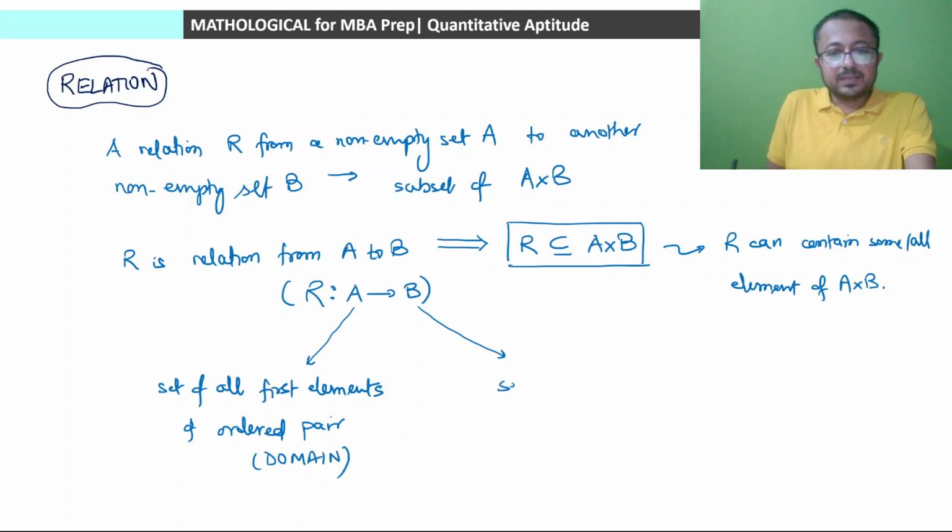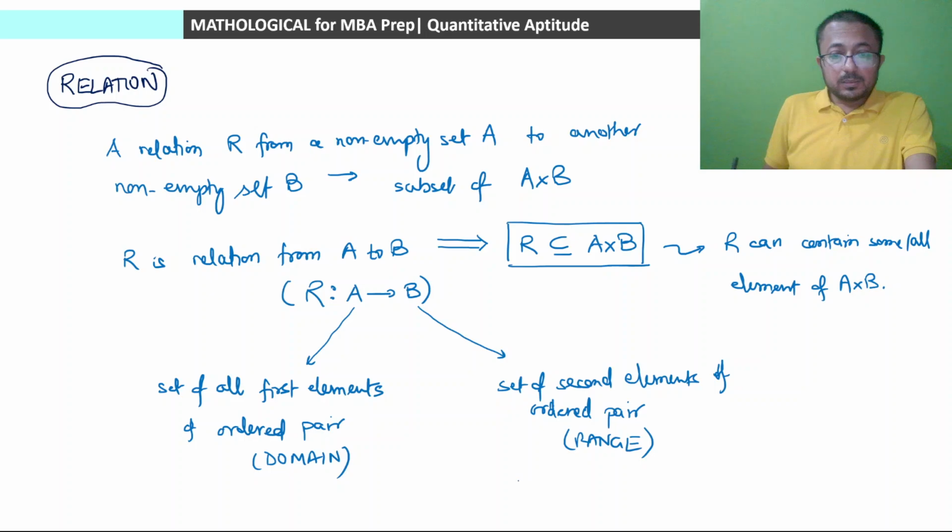And similarly, the set of all second elements in the ordered pair, they are called range. And the whole set B, this is our codomain.